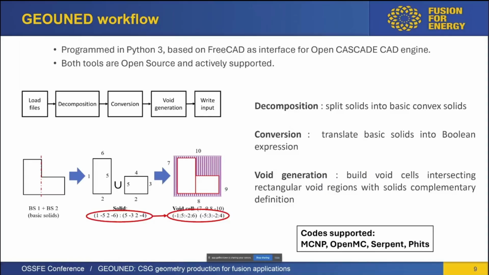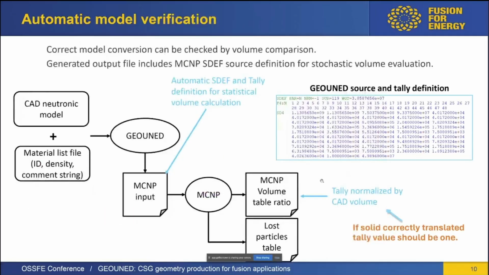But for the reverse, it has to have sort of an MCNP-like description, so all the surfaces and cells have to be described using just integers. It also supports Serpent and PHITS, but these are significantly less tested, so we also don't have a lot of feedback on how well it performs and what kind of improvements we could add to this tool.